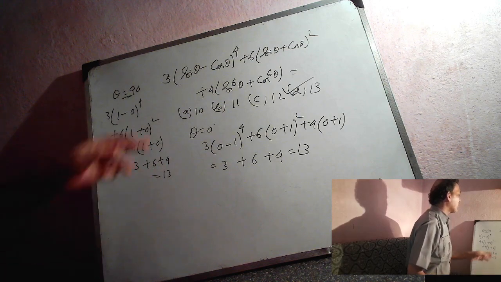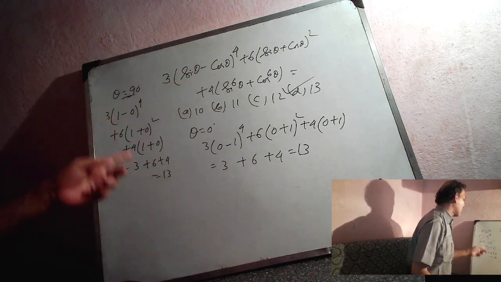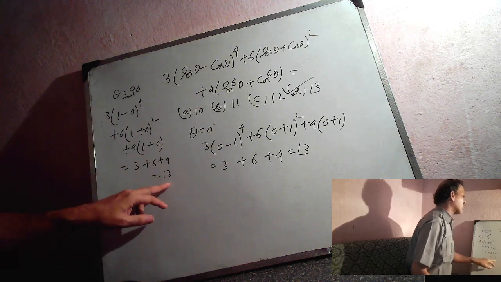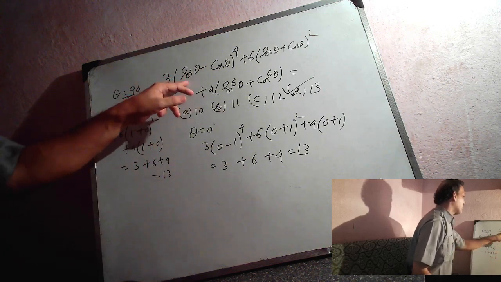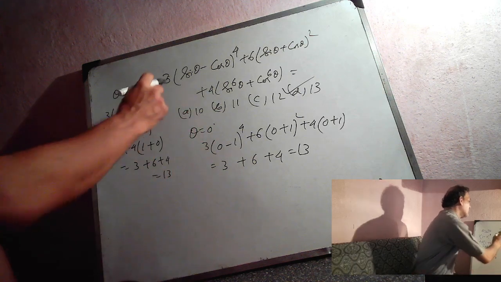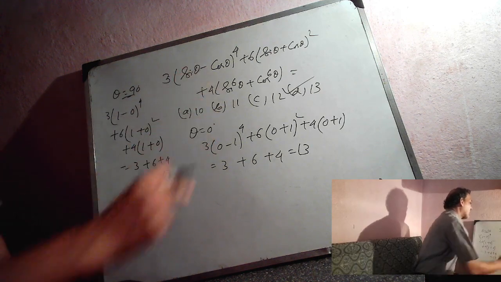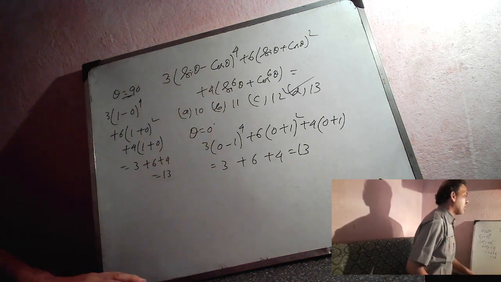By putting θ equals 45, we will get 13. By putting θ equals 30, the result will be the same, 13. So whatever value of θ we put, the result will be the same. We don't need to open the brackets or break it. Just replace θ by 0 to get the answer.